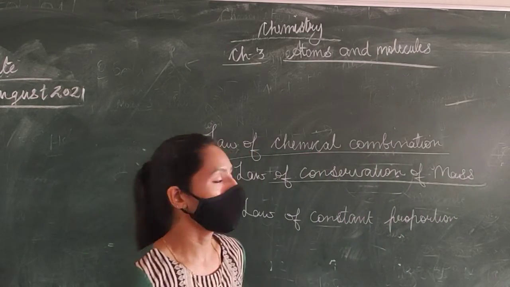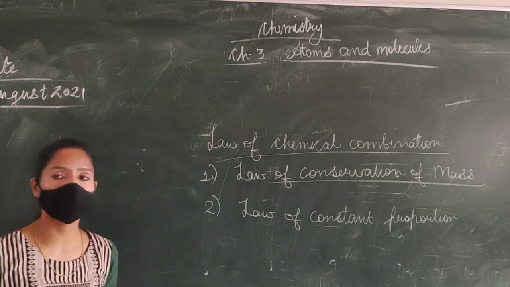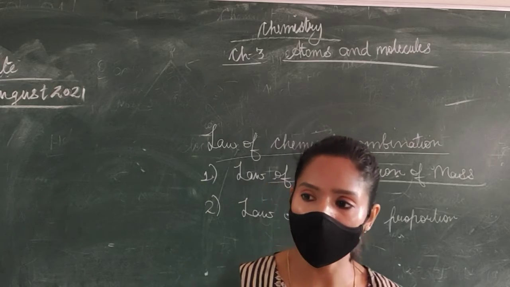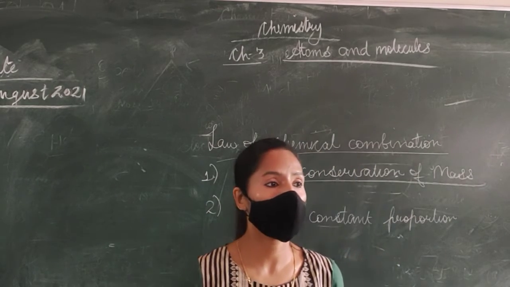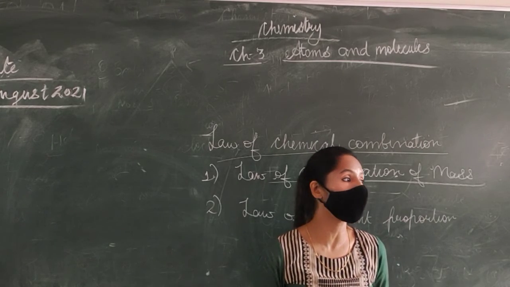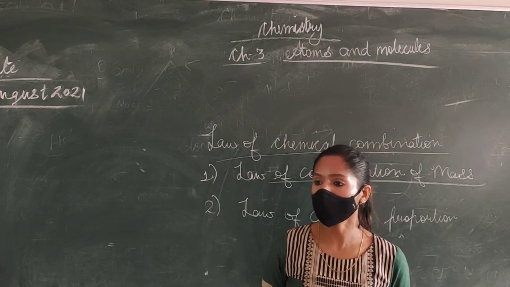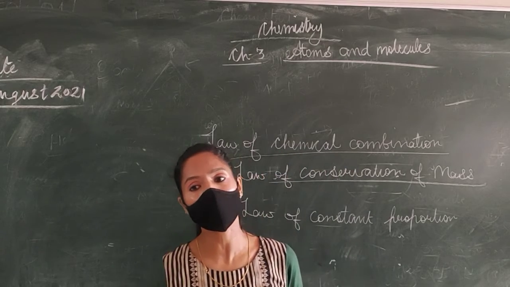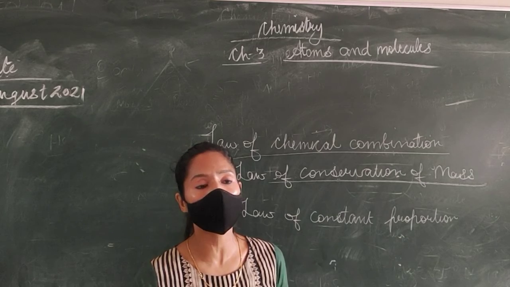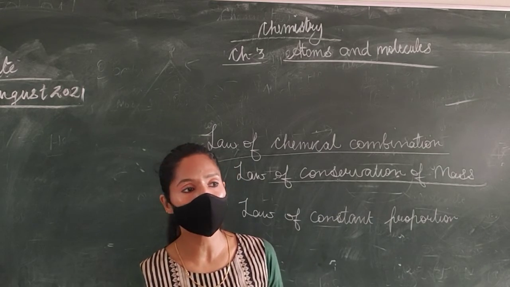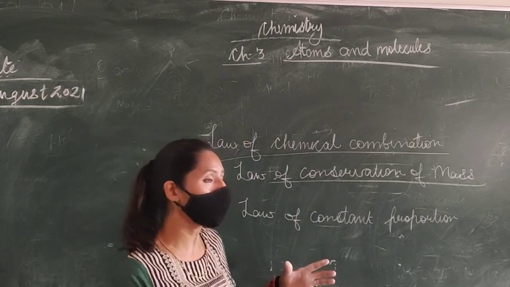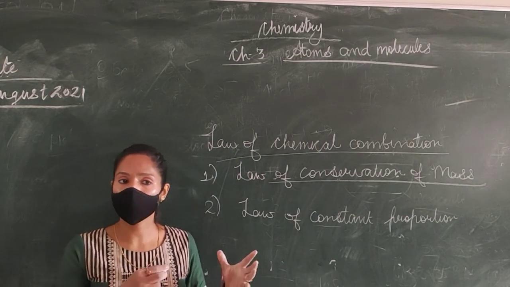The law of conservation of mass states that in any chemical reaction, matter is not created and it cannot be destroyed. In any chemical combination or chemical reaction, we cannot add atoms, nor can we delete atoms from any chemical reaction. We have to maintain their mass in a specific manner.